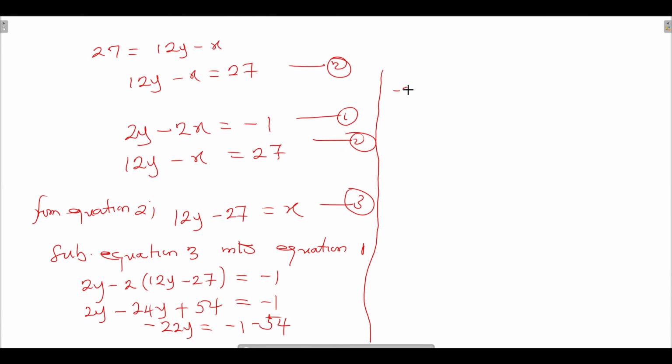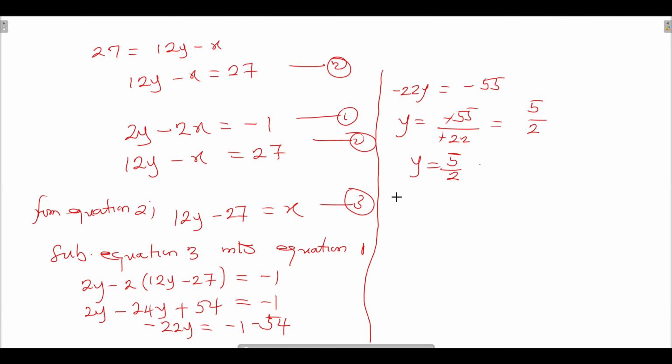That means minus 22y equals minus 55. So that means y equals minus 55 over minus 22. So 11 there, that will be 5, 11 here, that will be 2. So y equals 5 over 2.